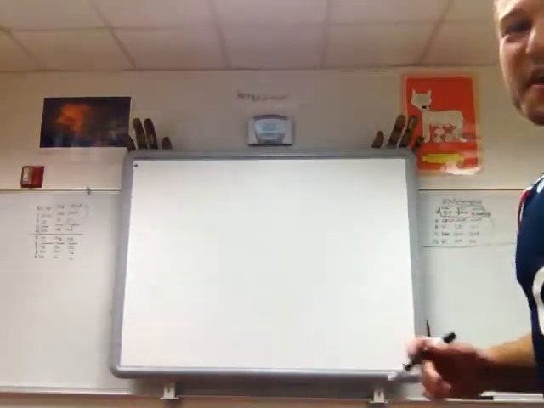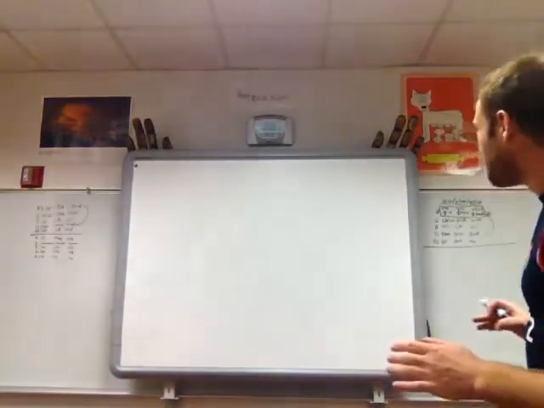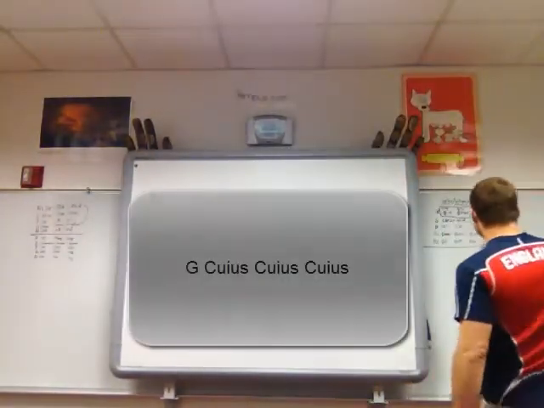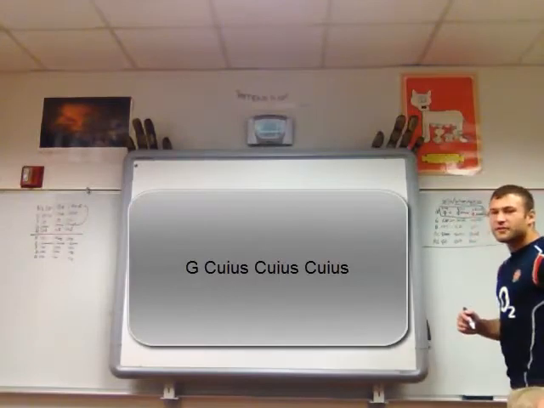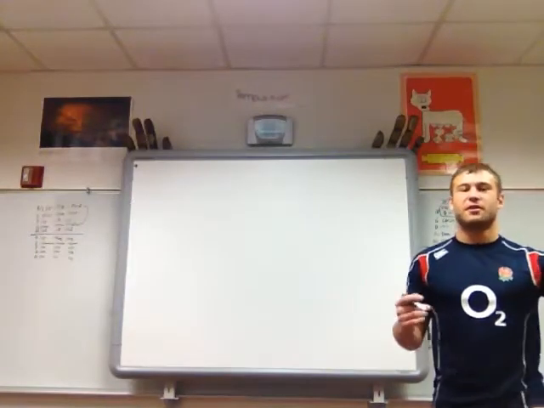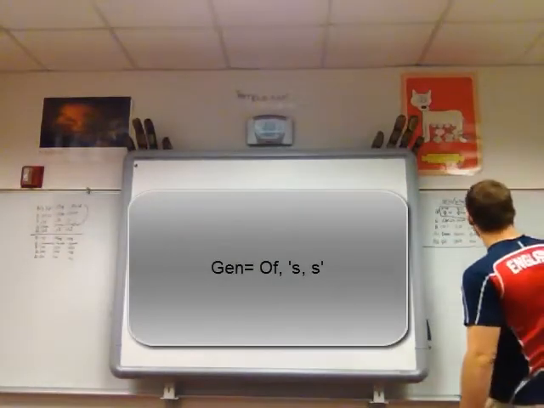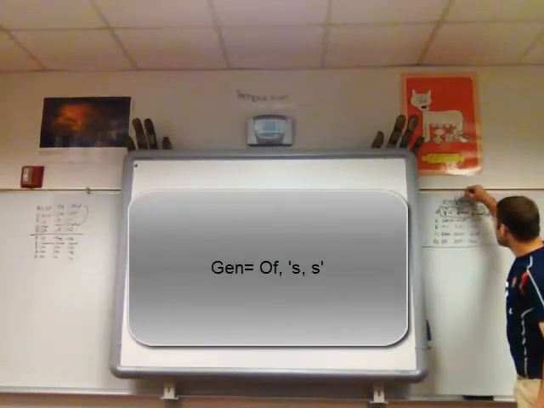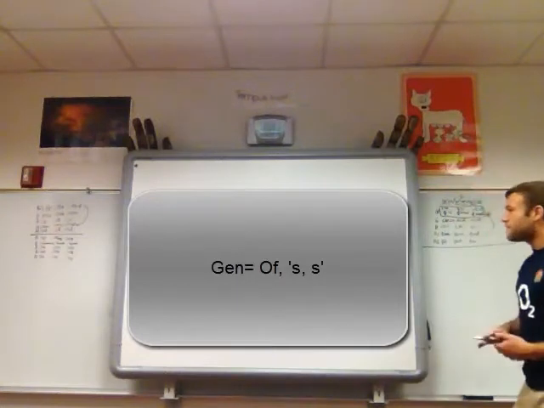So, cuius. I love cuius. Just pronouncing it because you can go cuius. So, it has this same universal genitive. And as with all of our genitives, we have of or apostrophe s. So we have whom, because we're not nominative, and we have of.